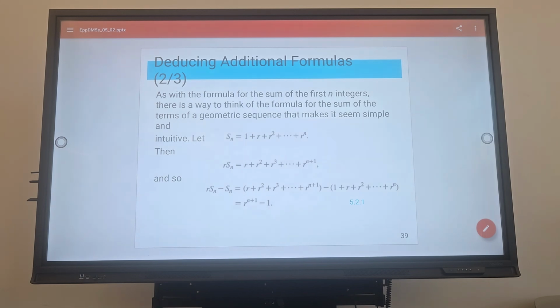As with the formula for the sum of the first n integers, there's a way to think of the formula for the sum of the terms of a geometric sequence that makes it simple and intuitive. Let S sub n equal the sum of the geometric sequence. Let r times S sub n be r plus r squared plus r cubed, etc., to r to the n plus 1.